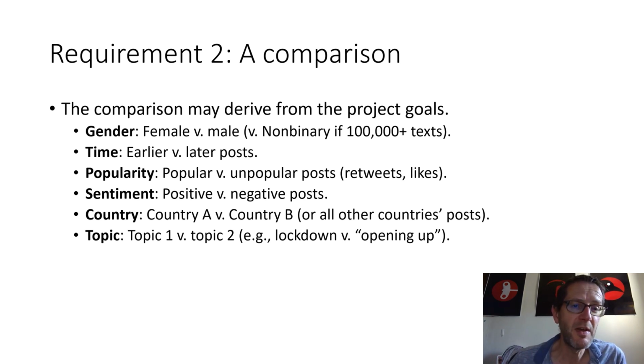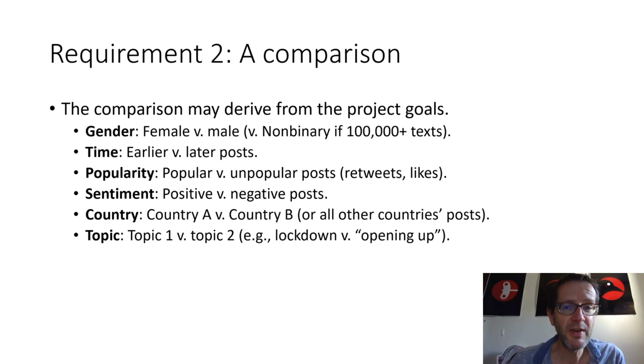You might have some other way of measuring popularity. For example, for TripAdvisor reviews, you might have review rating. Sentiment, positive against negative posts, for example. What kind of things do people write about when they're posting positive messages compared to negative messages?